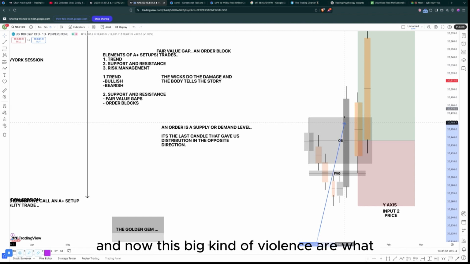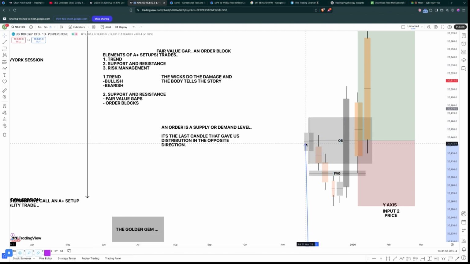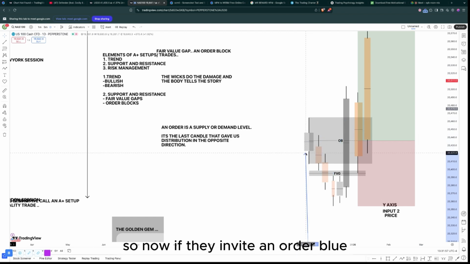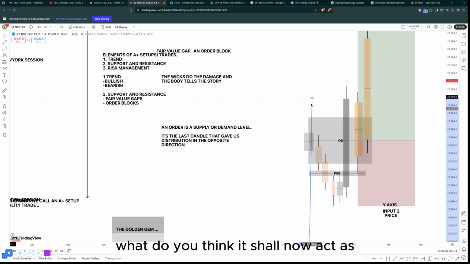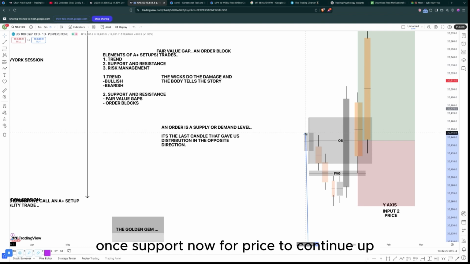And now this big candle violates our order block that is acting as resistance. So now if they invert an order block that was acting as resistance, what do you think it shall now act as? Yes, and it's going to be what? It's going to act as support now for price to continue up.